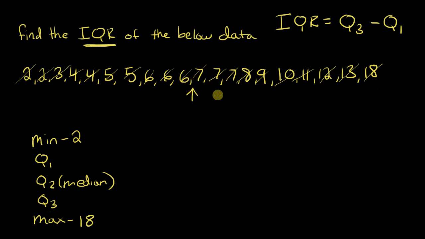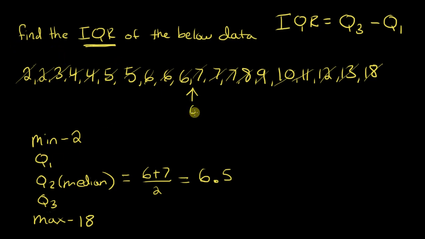That's going to happen every time you have an even numbered data set. So with 20 observations, it's always going to be between two numbers like that. Average those numbers to figure out exactly what's between them. You'll get 6.5.